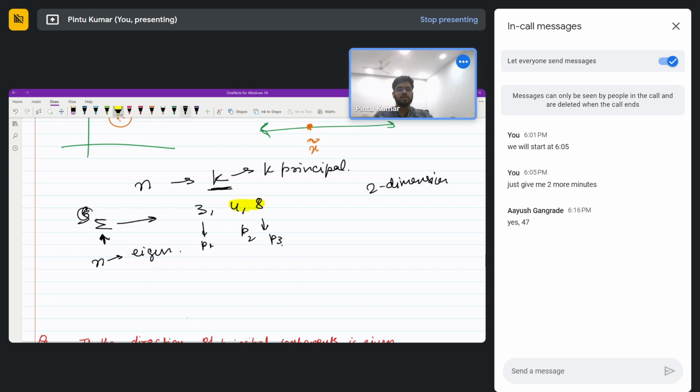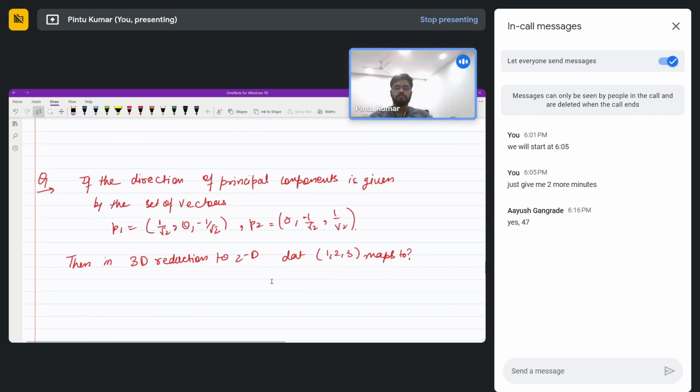So you will choose P2 and P3 as your principal components. Am I clear now? Yes, sir. So basically, going to lower dimensions, we take the vectors corresponding to the largest eigenvalues. Yes. Okay, thank you.